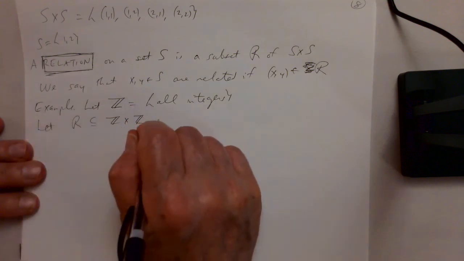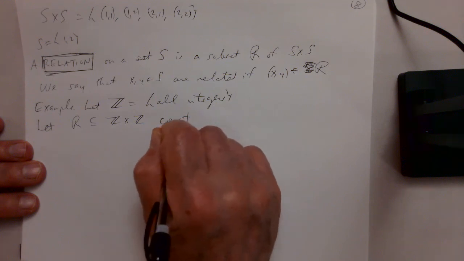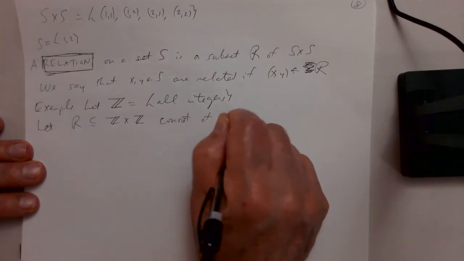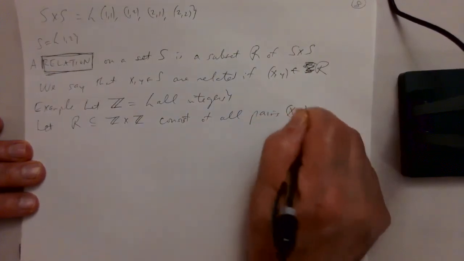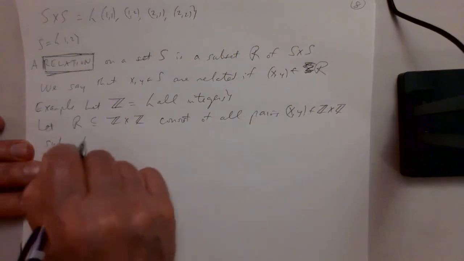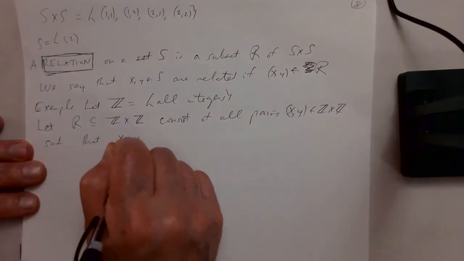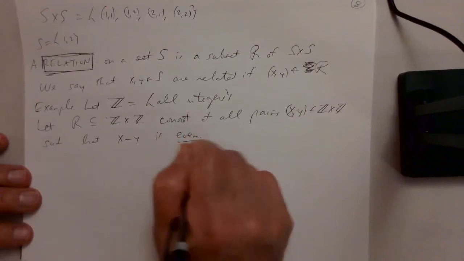And R consists of all pairs XY in Z cross Z such that X minus Y is even, an even integer.